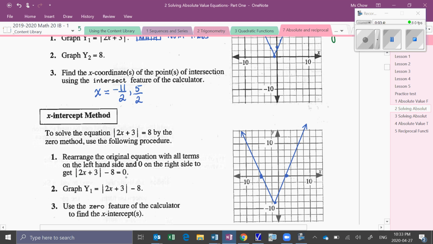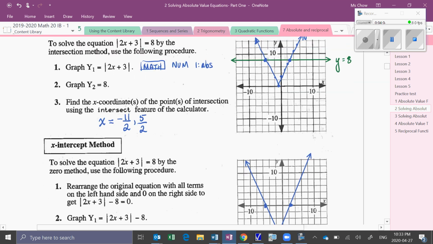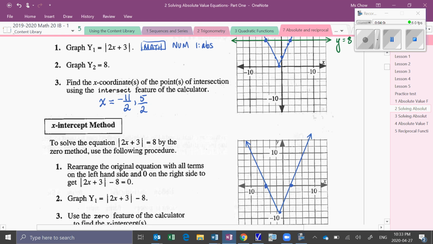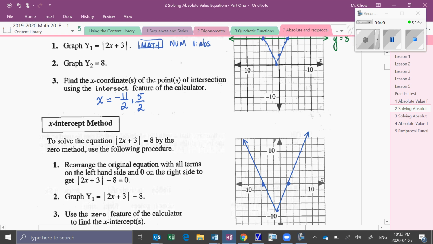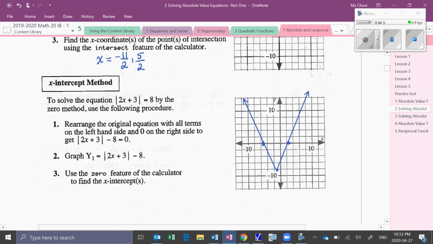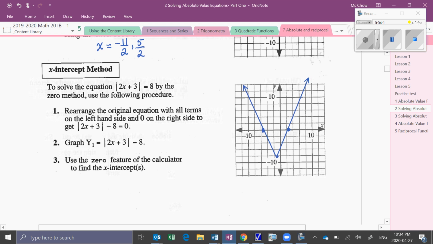And so you just would enter in that left side, which we've got as y1, and in this particular case we would use the zero function because that is finding out what these two x-intercepts are. You can see when we compare those graphs, literally what we're doing is just translating that whole absolute value function down 8 units.